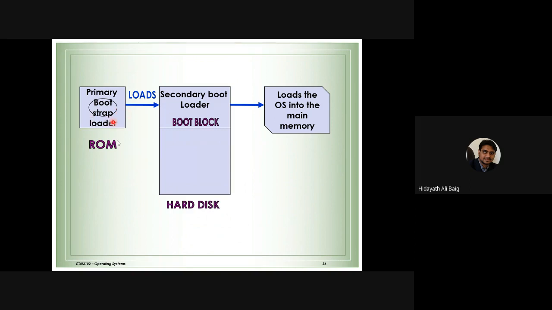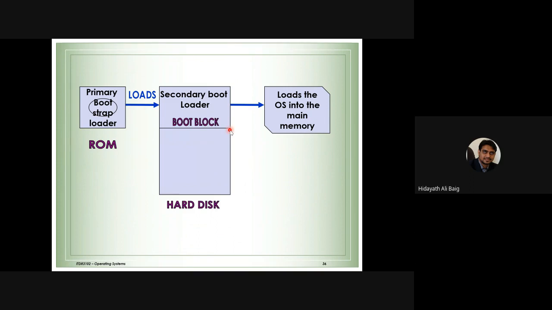It will start the computer, initialize the registers and the main memory, and then go to the hard disk and try to find out whether there is any operating system in this computer. Where will it find the operating system? In the lecture on the file system, we talked about how data is organized in the hard disk. Normally we have the directory, which has the structure saying where the disk blocks for a particular file are stored.